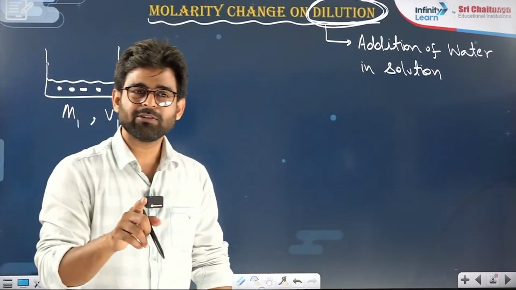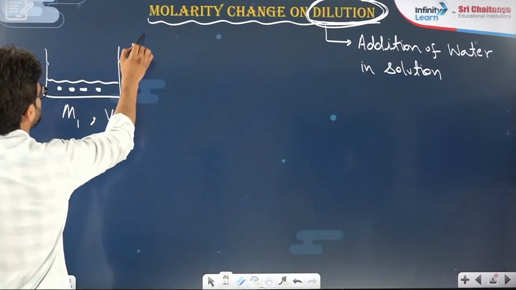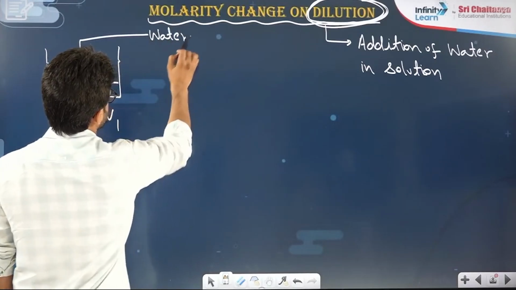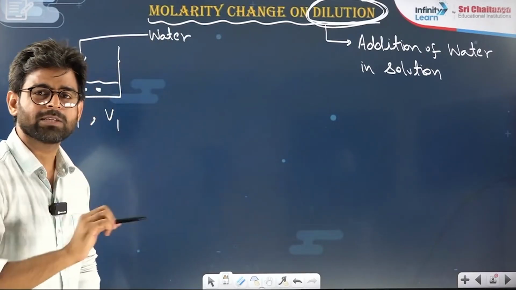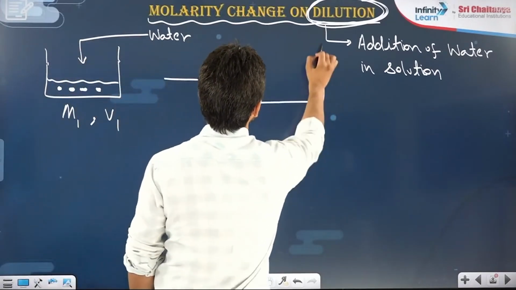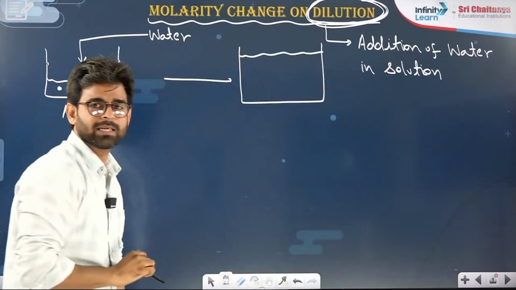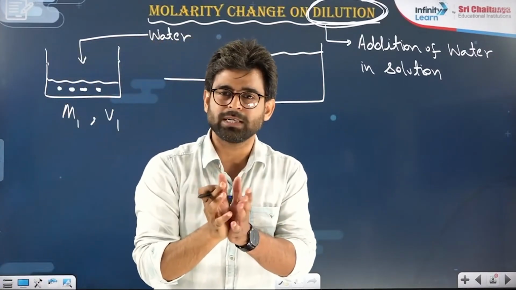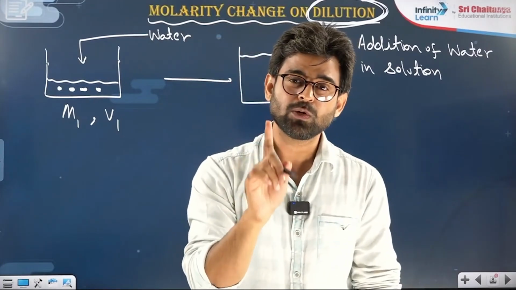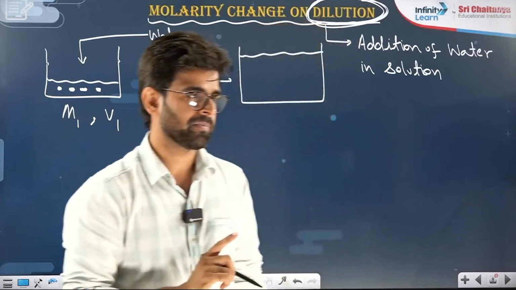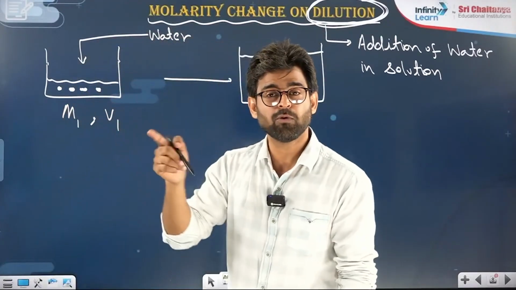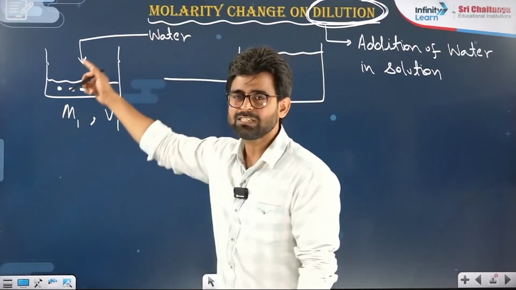Now imagine I add extra water. I am doing dilution. Because of the addition of extra water, the solution will rise up to here. I added a lot of extra water. Now my question is, will the number of solute particles change or remain the same? You said I can see 4 particles.